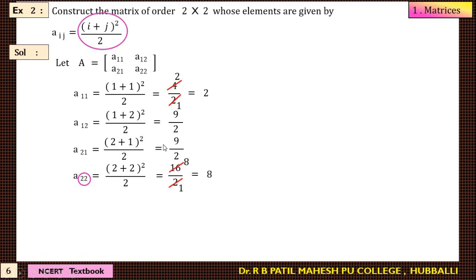So here we got all the elements' values. Now you replace in the given matrix. So therefore A is equal to 2, 9 by 2, 9 by 2, 8. And this is the matrix of order 2 cross 2, and elements we got using this formula. And this is the answer of the given example.